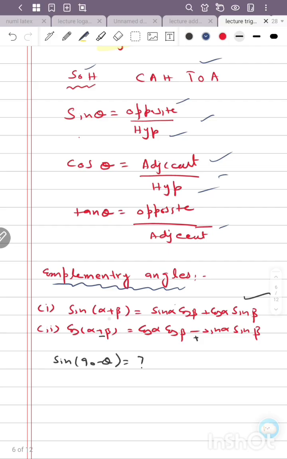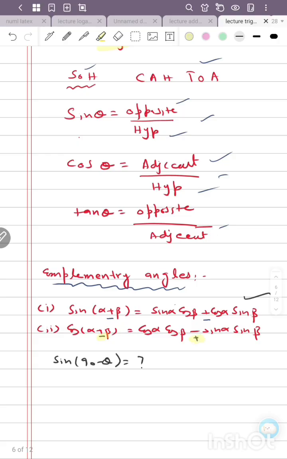Remember that if we change the sign, if we write sine alpha minus beta, the answer will be sine alpha cos beta minus cos alpha sine beta. Similarly, we have cos alpha plus beta equals cos alpha cos beta minus sine alpha sine beta. If we change the sign here to negative, the other sign will also change.